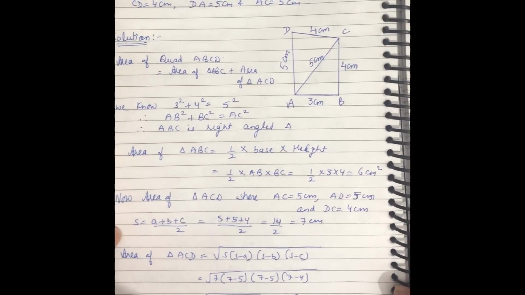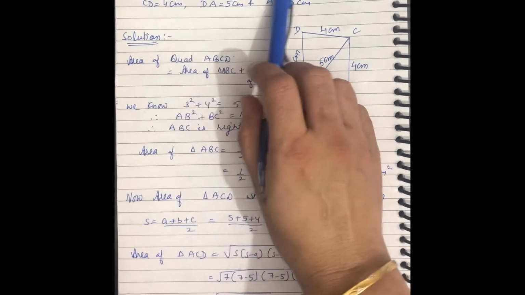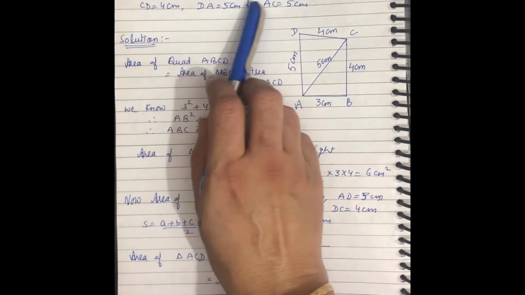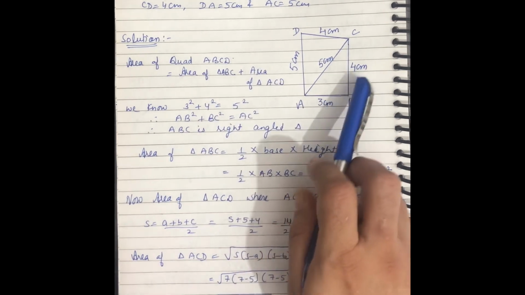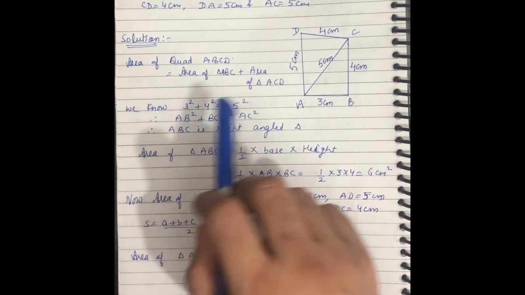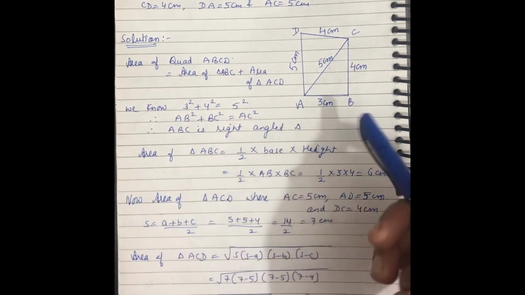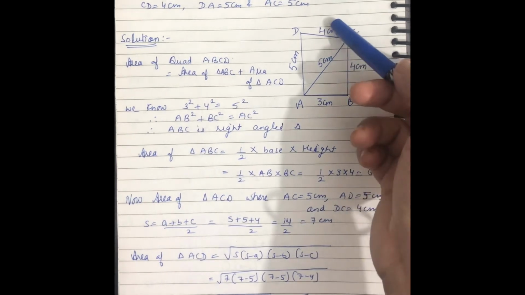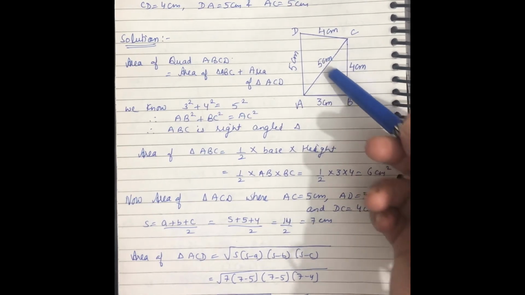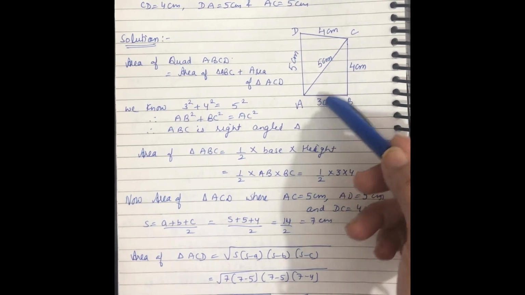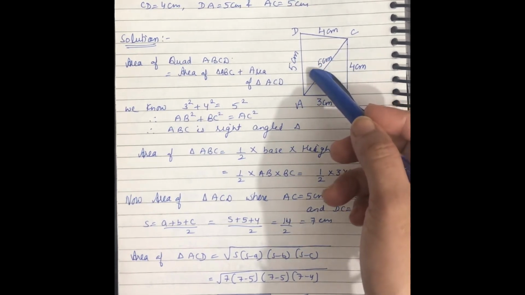Question number 2. Find the area of the quadrilateral ABCD, with AB, BC, CD, DA and AC given. Here all the 5 sides are given. In the previous question 4 sides and 1 angle were given, and here in this question all the 5 sides are given. Either you can apply Heron's formula here, or we know here 3 square plus 4 square is equal to 5 square.